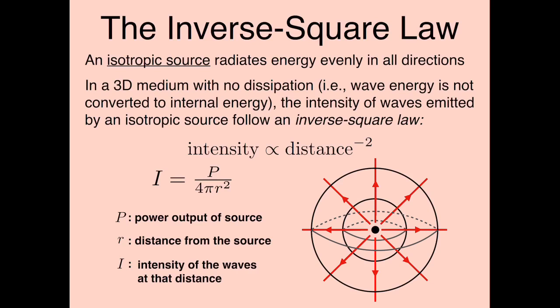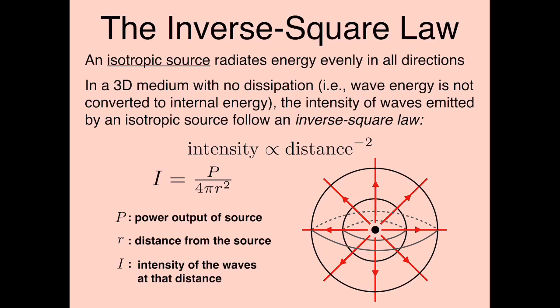Now, before we get into this, there's a term that I need to define for you, which is something called isotropic. So an isotropic source of waves is something that radiates energy evenly in all directions. In other words, it doesn't have any sort of preferred direction where it's radiating more energy. It just radiates the energy evenly in all directions.